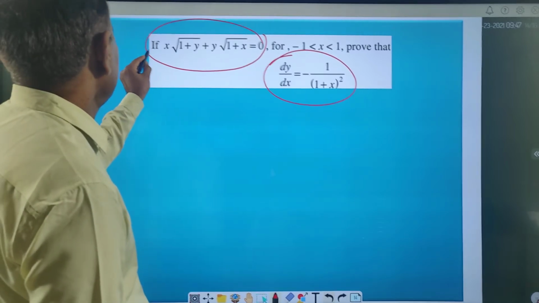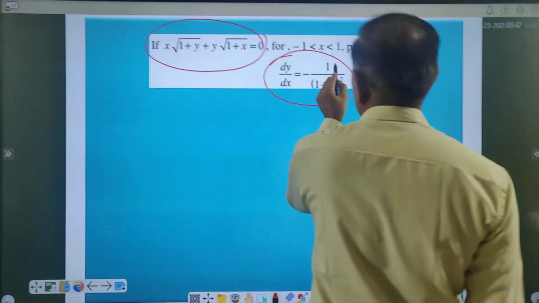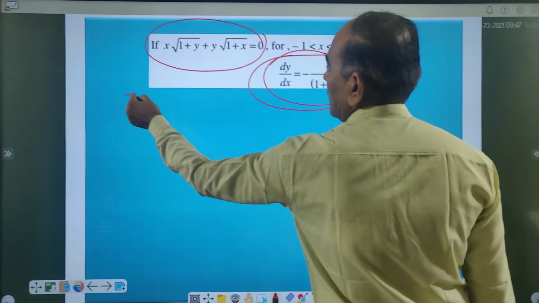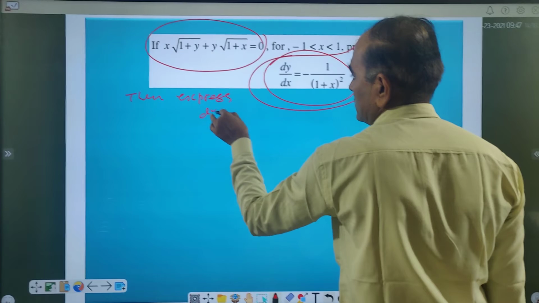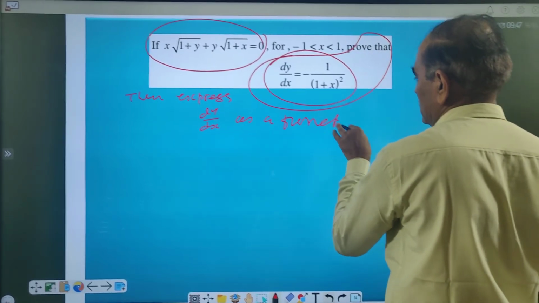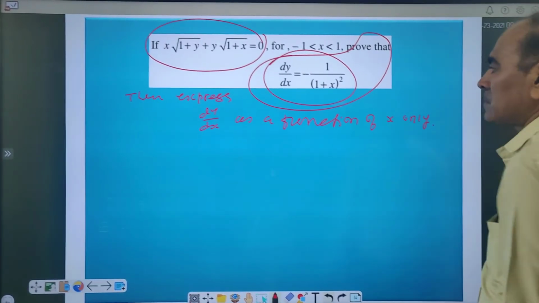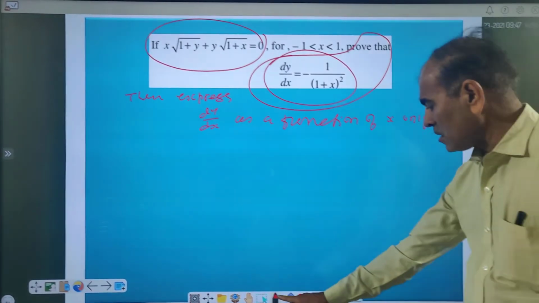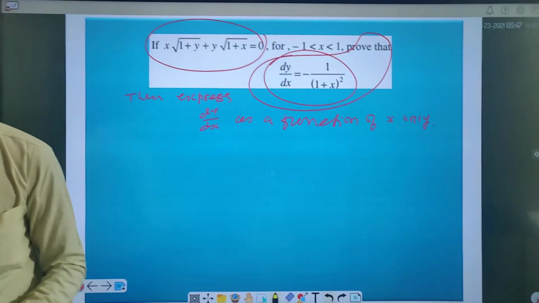So in the examination they can ask, then express dy by dx as a function of x only. They can ask in that. Whenever we want dy by dx only in terms of x.